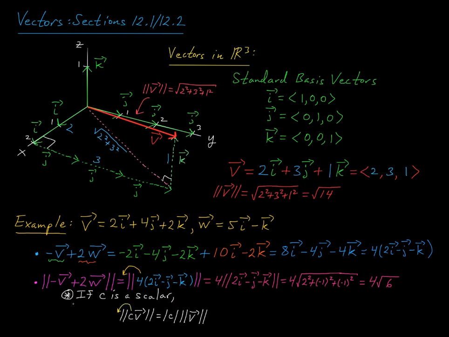And then we'll just note here, more generally, if c is any scalar, to find the magnitude of c times the vector v, the c can come out of the magnitude. However, you'd have to be a little careful. Here the scalar was a positive 4, so it just comes out as 4.